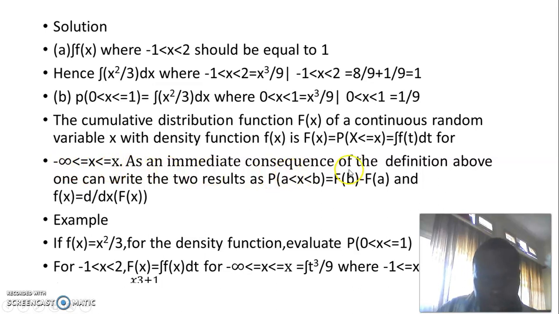As an immediate consequence of this definition, one can write the probability of x between a and b as the cumulative distribution at b minus the cumulative distribution value at a.